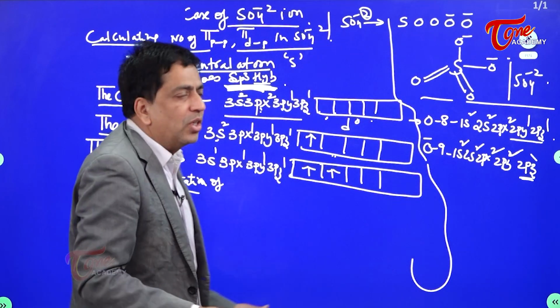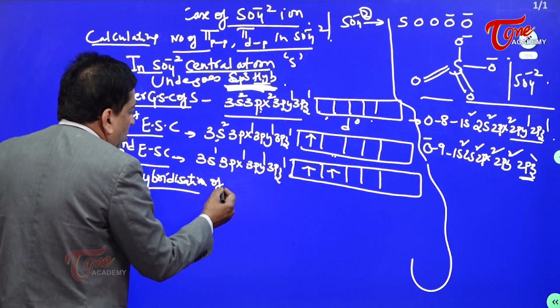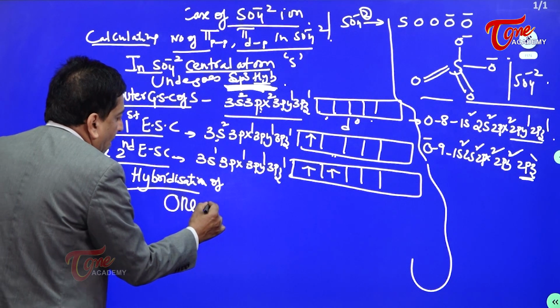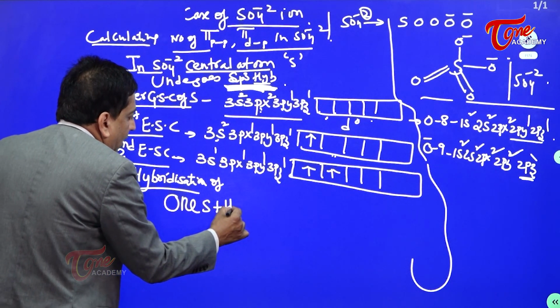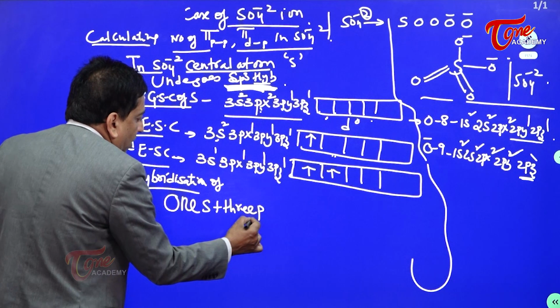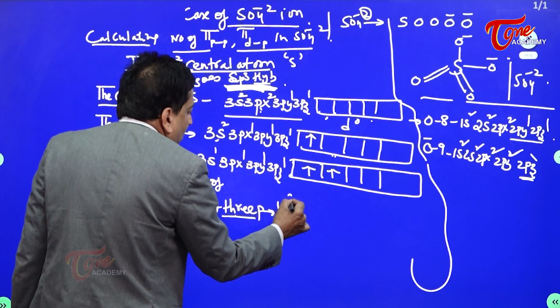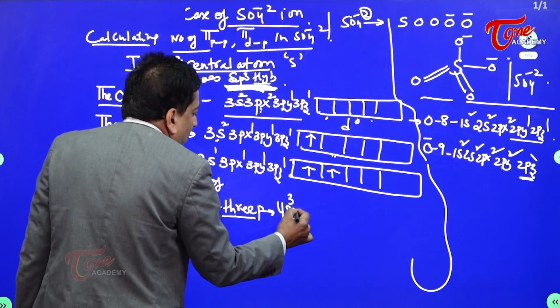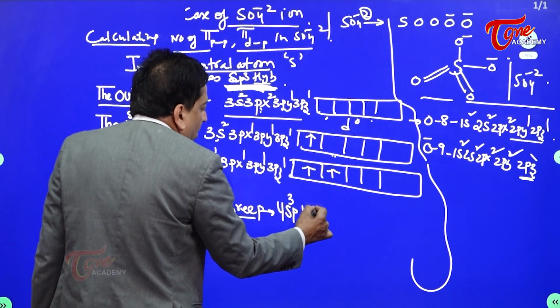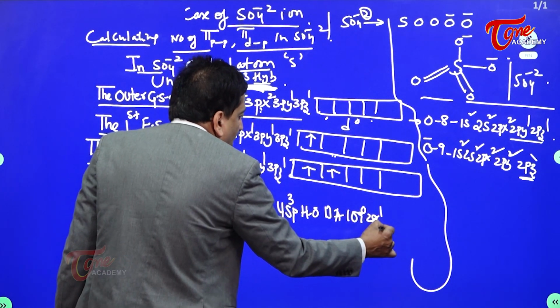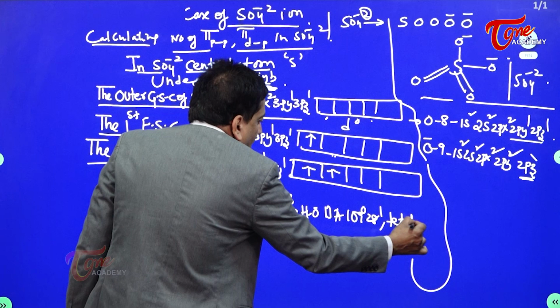So why delay? Let us put the lock. Hybridization of 1s and 3p's, because that is how sp3 will look. 1s and 3p's give you 4 sp3 hybrid orbitals, bond angle 109 degrees 28 minutes, and the shape is tetrahedral.